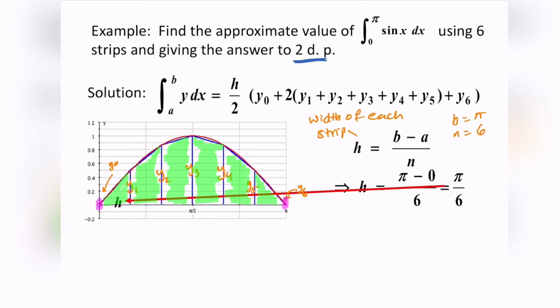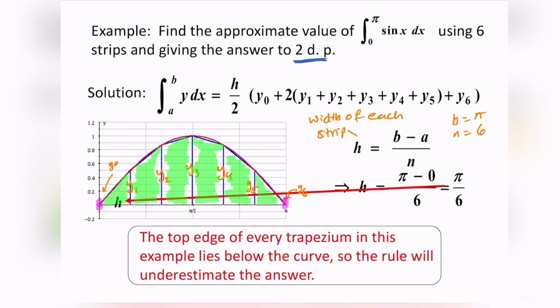The top edge of every trapezium in this example lies below the curve. This is just a note to show you that the top edge of each trapezium, as you can see, is under the curve. Therefore the rule will underestimate the answer.